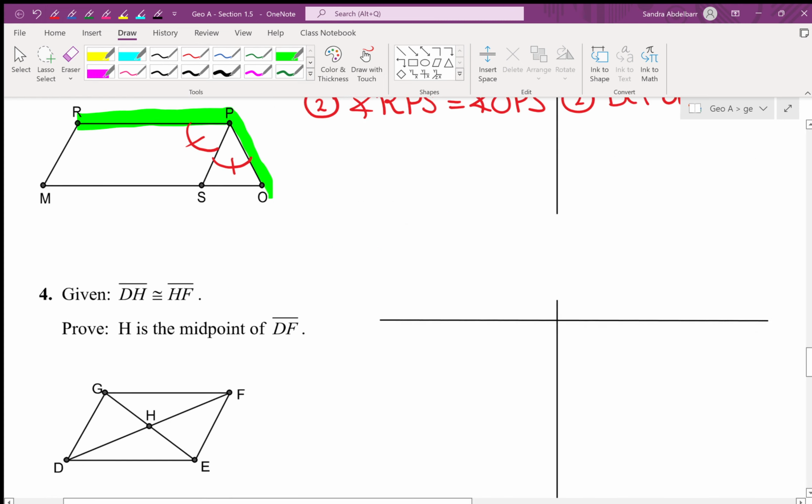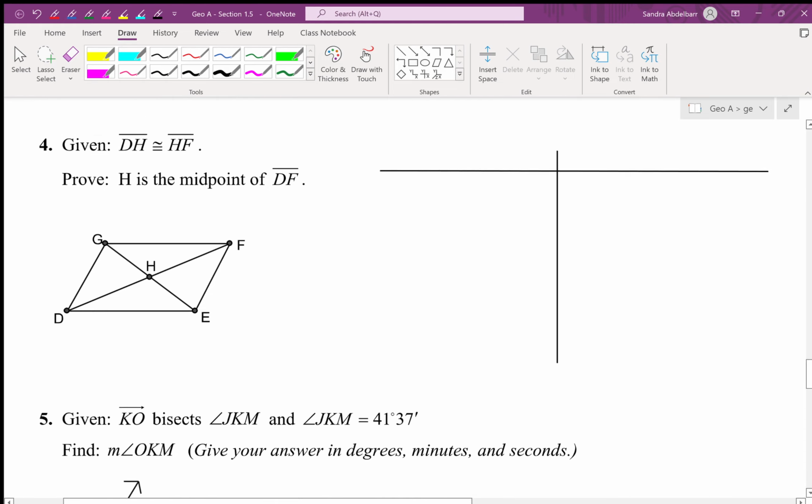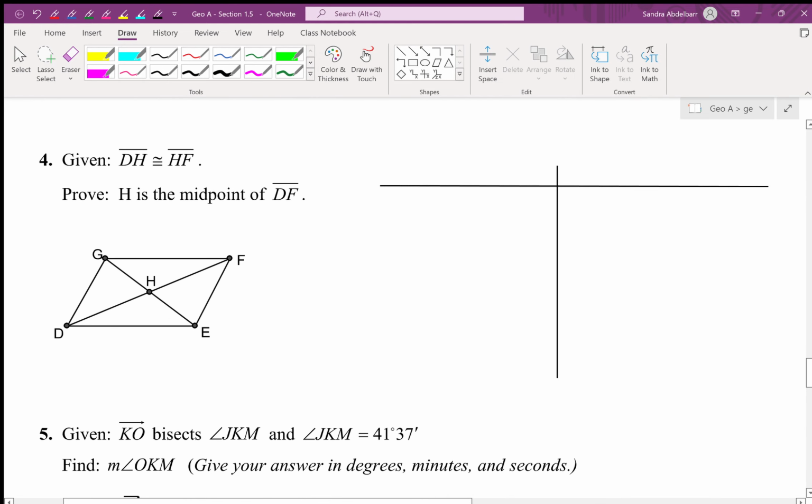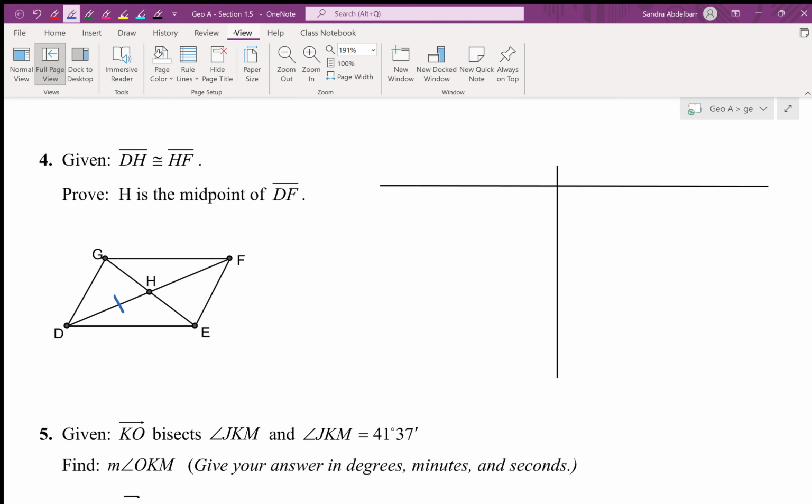All right, number 4. Given DH is congruent to HF. So I marked it. I'm going to write it out in my proof.